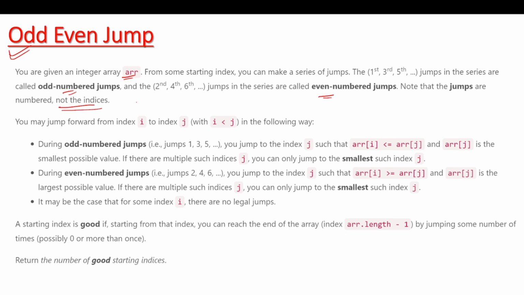Most students doing this problem consider odd and even jumps to be the same. Don't make this confusion in your mind. Make sure you understand everything so you will understand the solution properly. The jumps are given in an odd fashion and an even fashion, and these jumps are not the indices.